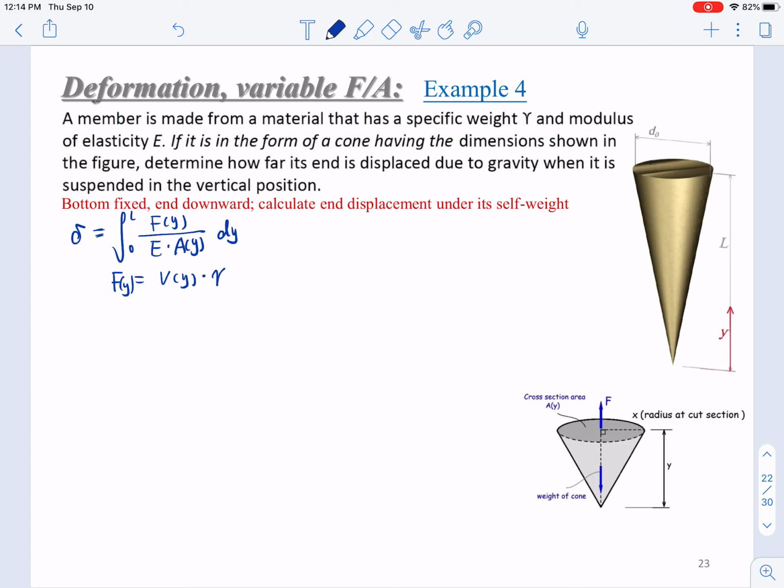Now, what does Vy equal? We set at the tip y equals 0, and the y-axis points upward. If we start from the tip to a random location where the y coordinate is just y, its cross section will look like this.